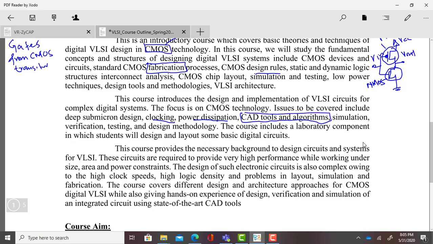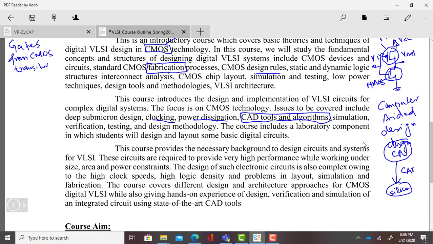All these things are possible thanks to the CAD tools. CAD means computer aided design. As I told you before, the CAD tools are responsible for taking your design, for example, a CPU design, and mapping it onto silicon.